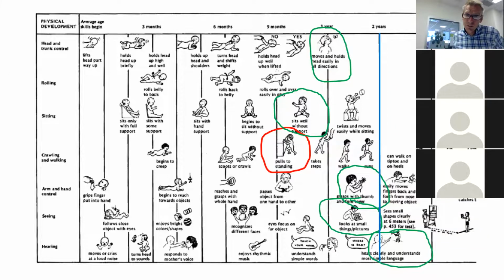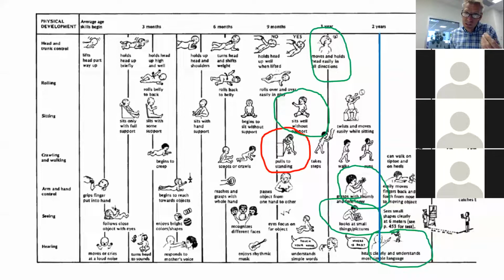This boy was able to do many things that were normal for his development. He could move and hold his head in all directions. He could sit well with support, although he'd been delayed in that. But by 2.5, he could sit well.